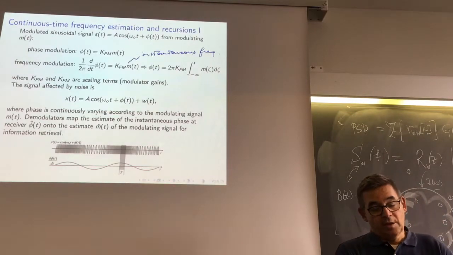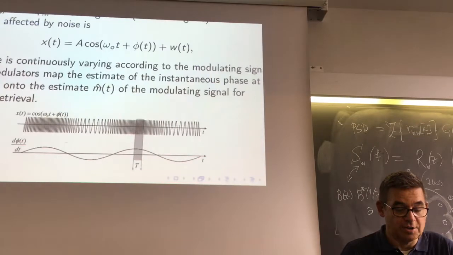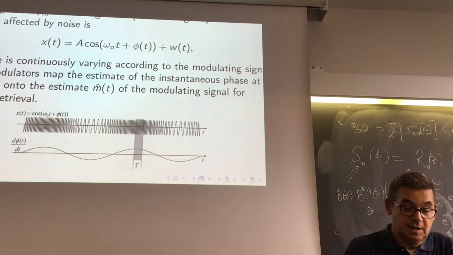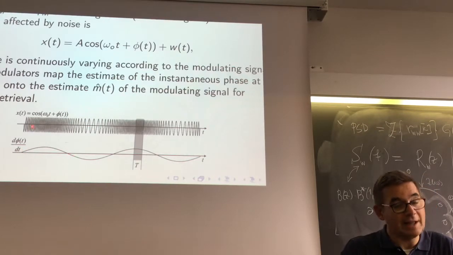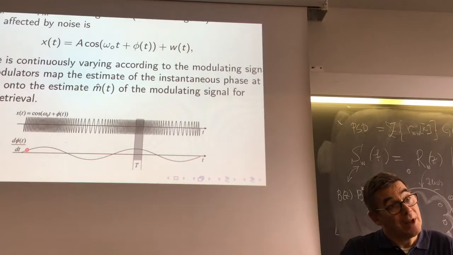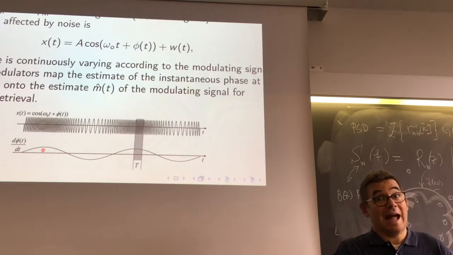Okay. So this is illustrating the concept. So, for instance, imagine that I have a modulating signal that is a sinusoid, and the modulated. This is the modulating, and this is the modulated. Okay? Modulating means the one which is active.